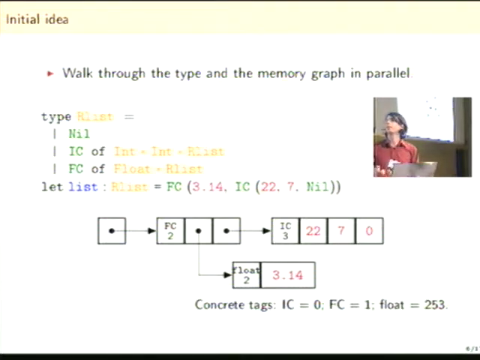For example, if we want to check that this memory graph corresponds to a list, we have to check that a block of size 2 with the tag 1 corresponds to a case in the type definition. Here it corresponds to the third constructor, and given this type information, we can get the expected type for the third value and recurse.